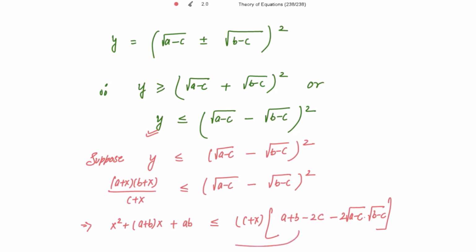Taking this complete right hand side to the left hand side so that I can get a quadratic inequality in x, we get x² + (a + b)x + ab − (a + b − 2c − 2√((a − c)(b − c)))(c + x) ≤ 0, since c + x is also multiplied with this.